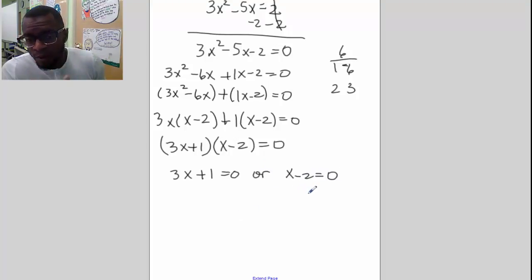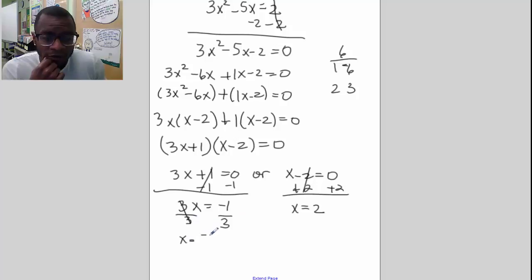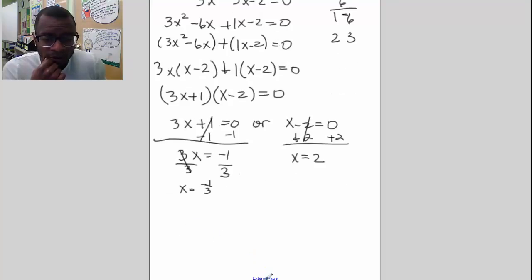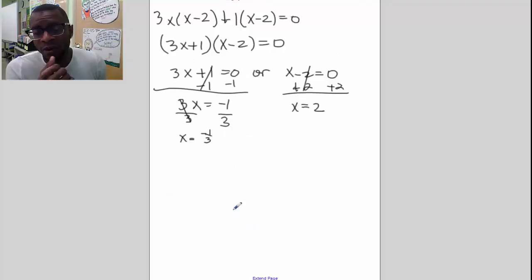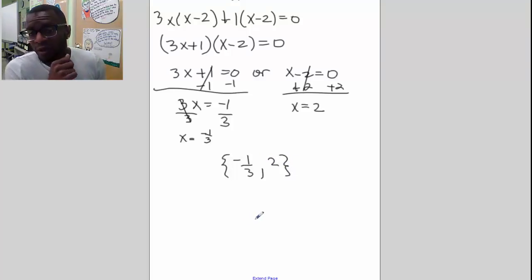Again, we have two linear equations that we need to solve. Solving this one first, I have x equal to 2. And if I solve this one, I get 3x equal to negative 1, and therefore x is equal to negative 1/3. If I want to write my solution, remember I have to write my solution set, which is negative 1/3 and 2 inside the squiggly brackets.